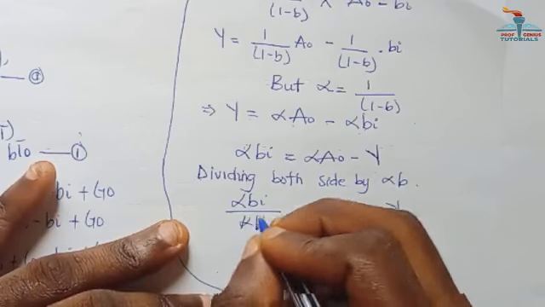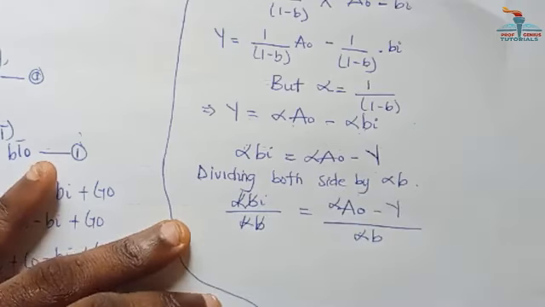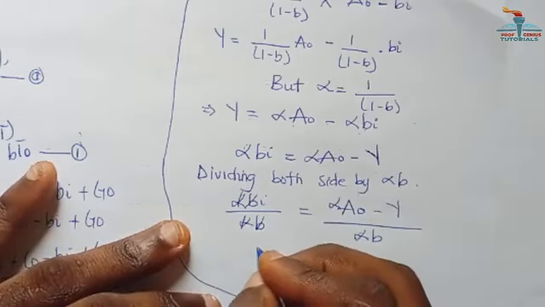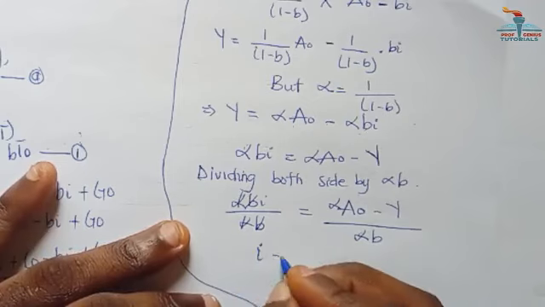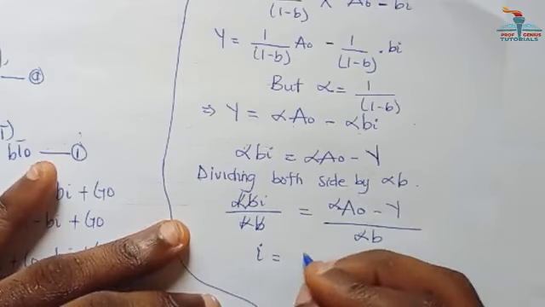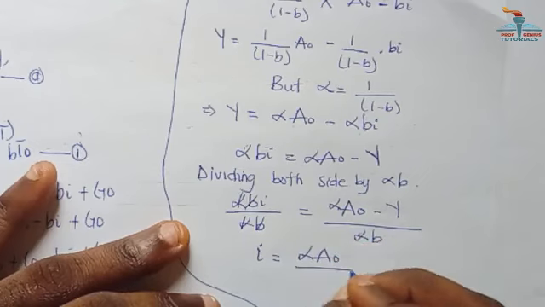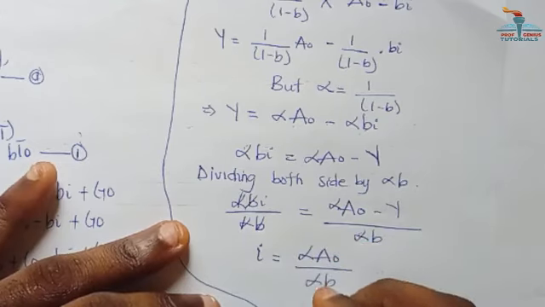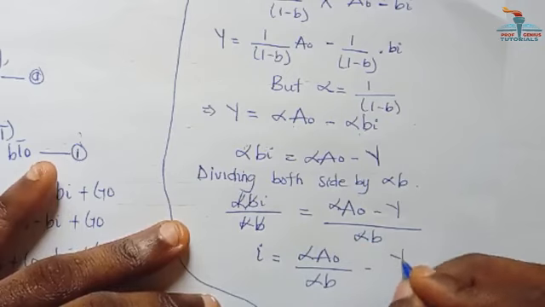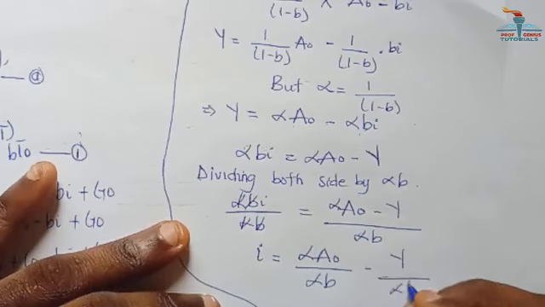So this one and this will cancel, and we have I being equal to alpha A naught over alpha b minus y over alpha b.